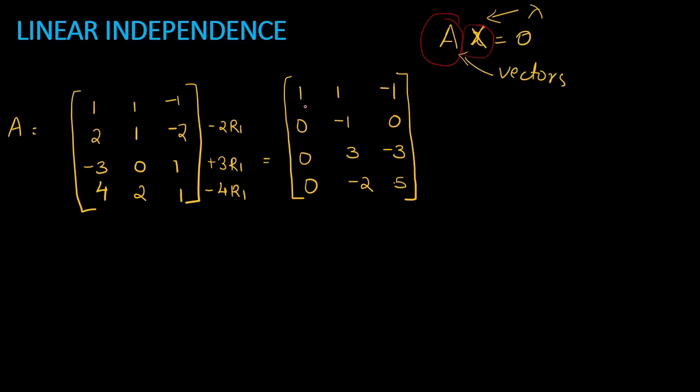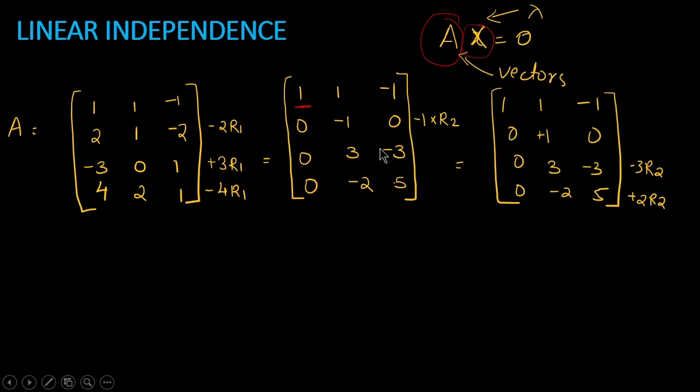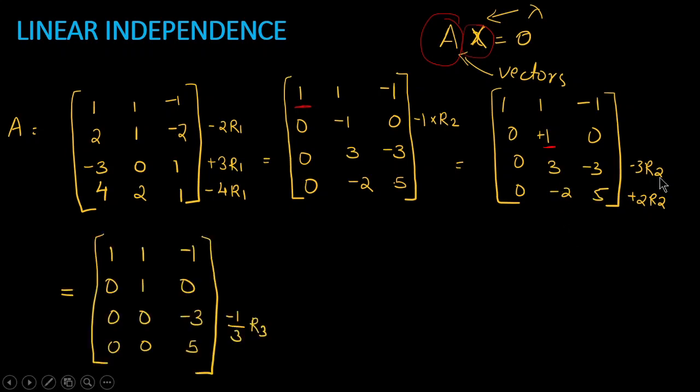In the first column we got 1 and all the remaining elements in the column are 0, and then minus r2 makes the second pivot element. We got the next pivot element, then we have to make the other 3 and minus 2 to 0. So we applied this transformation and we got it like this. So we got 2 pivot columns and the remaining values are 0 over here.